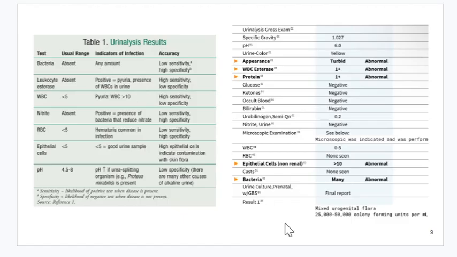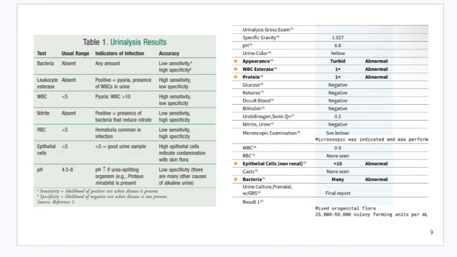Honestly, what they ended up doing is running a culture off this urine to see what is growing. And unfortunately, this is just a bad catch is what I would consider this. When they say mixed flora, and what's telling me also that this is a bad catch where we didn't clean properly before we got this sample are those epithelial cells.